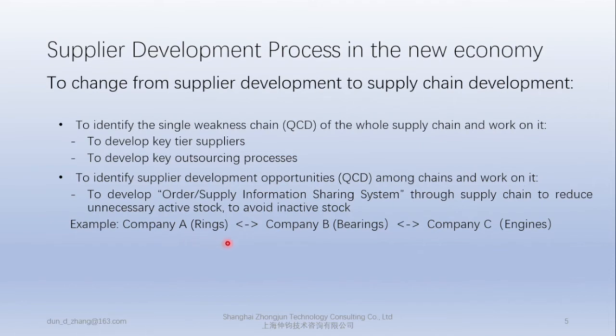Company B cannot get material for the new rings. Company C cannot get the new bearings. So that's just a mistake of information sharing.